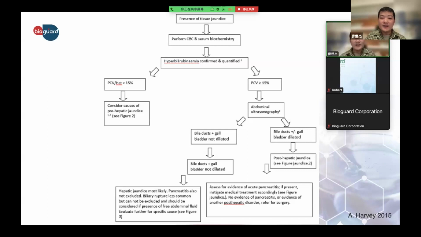So we're going to see more about whether there is any parenchyma, the liver itself, or whether there are some issues. If the bile duct or the gallbladder is not dilated, then we will go on to see if it is due to pancreatitis, so we need to rule out pancreatitis, or if there is truly liver disease itself going wrong.